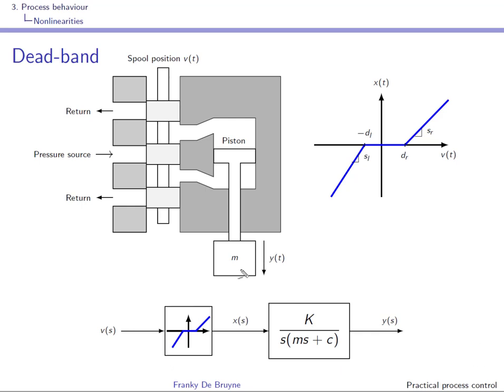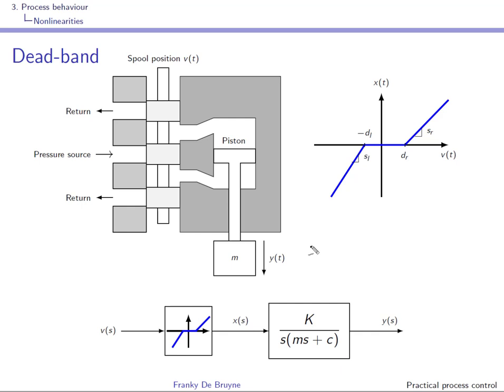The dynamics that you find after the deadband, the dead zone here, are the dynamics from input x to output y. So this is the movement, and it can easily be obtained using Newton's second law.